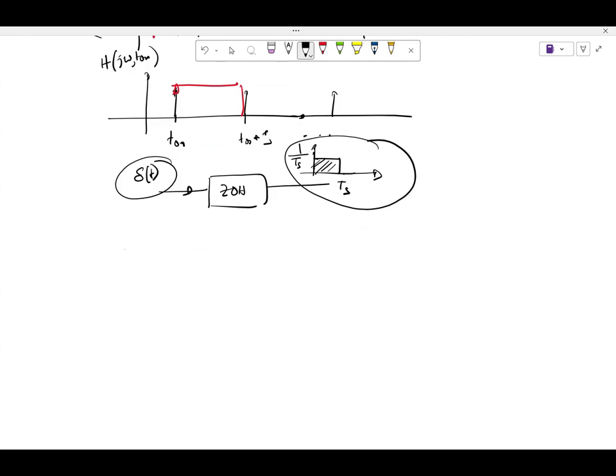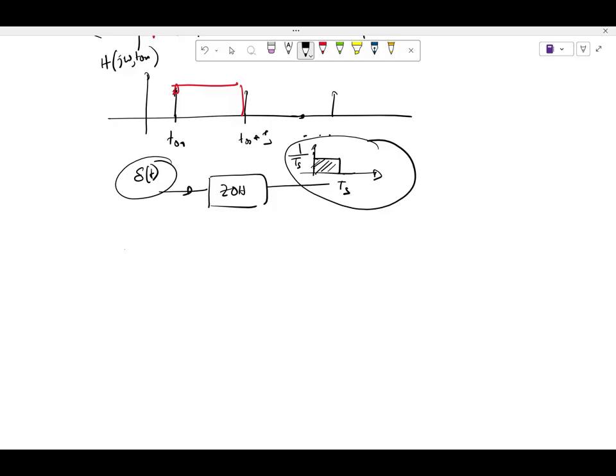Right? Then I will get the actual output frequency response across the capacitor when I have applied an input of e power j omega t. Right now we are getting the sampled responses at T on.